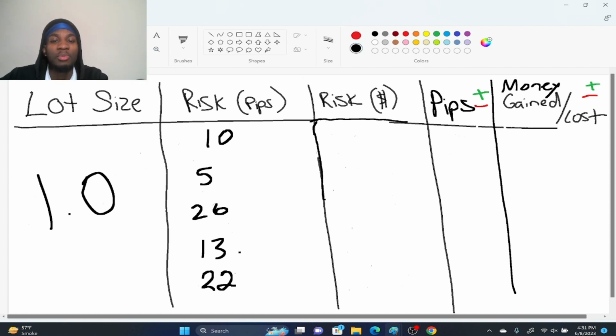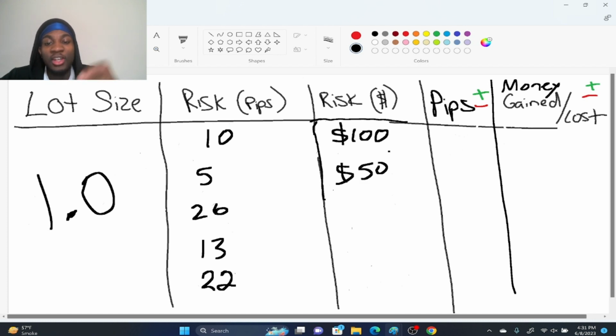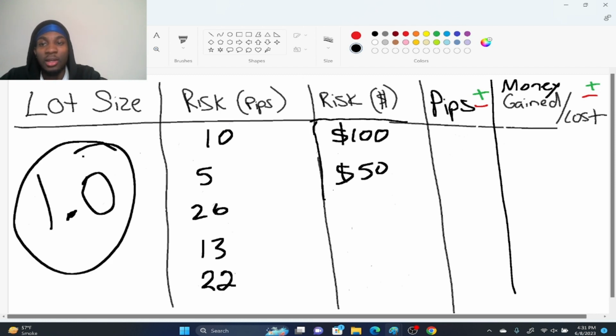How much money would this be? How many pips would be the same amount in money? Like I said, this is a one lot, so every 10 pips is equivalent to $100. So on Monday, you risked $100. On Tuesday, you risked $50. Not 500, but 50, because every 10 pips is equivalent to $100 if we're using a standard lot.